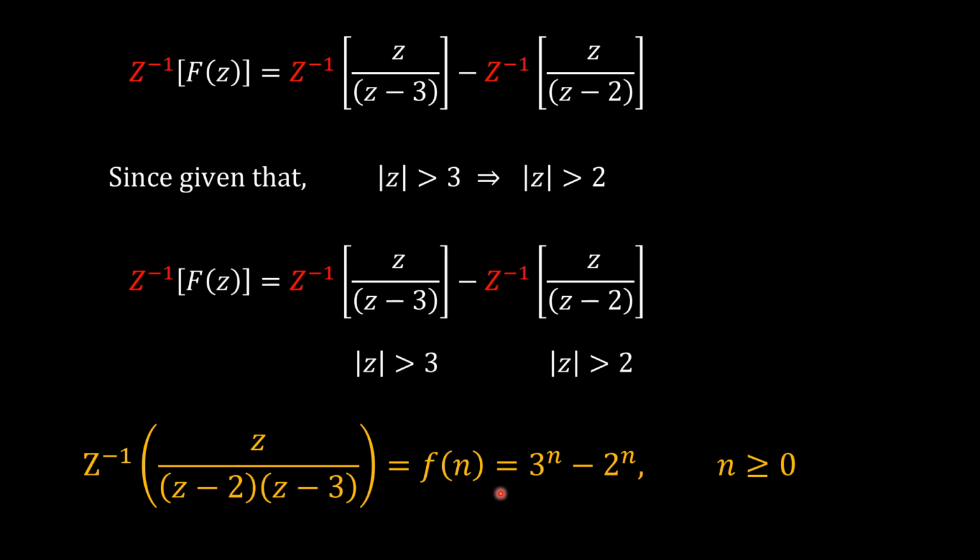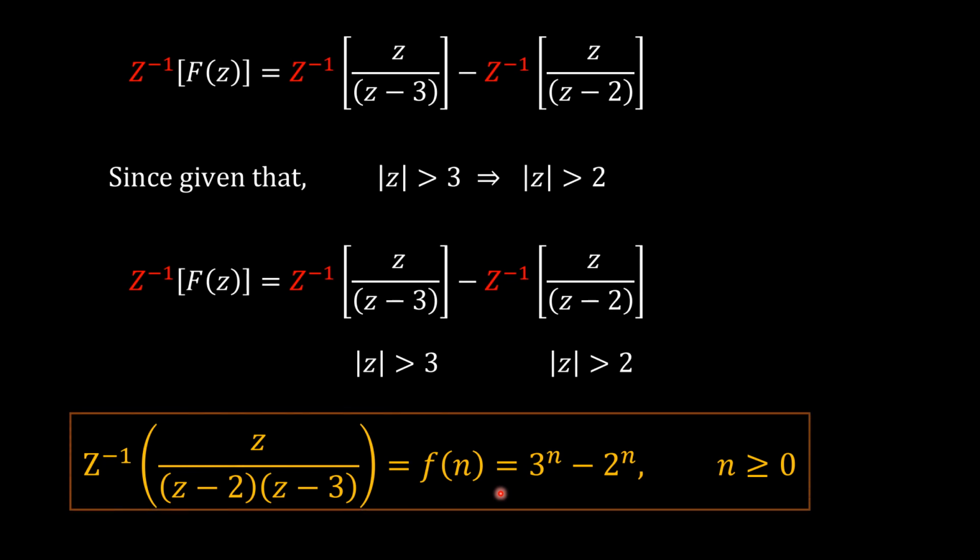So inverse Z transform is 3 raised to n minus 2 raised to n for n greater than or equal to 0. So in this way we can use the partial fraction method to find the inverse Z transform of the given function.